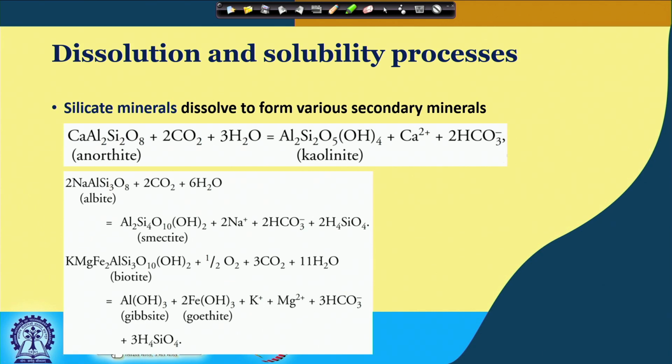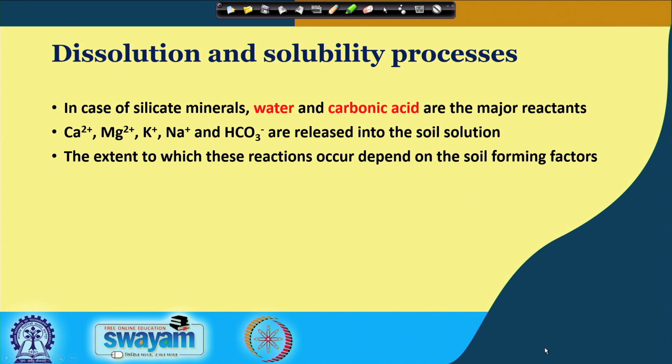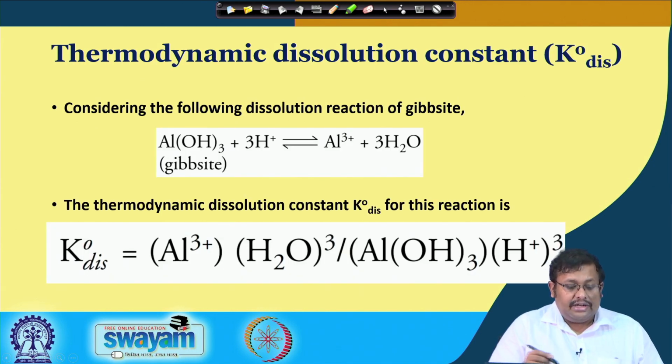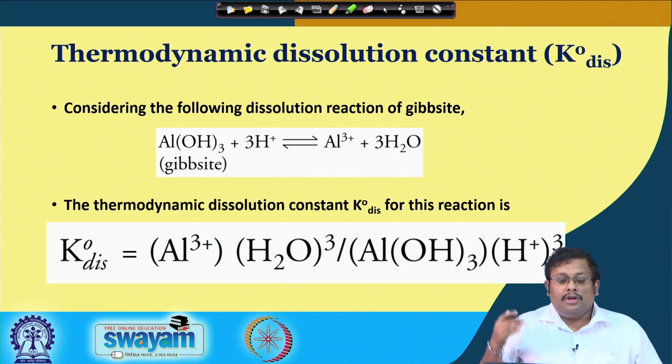Then we have talked about the dissolution of the silicate minerals, and from there we have shown you how to use the solubility to calculate the thermodynamic dissolution constant, denoted by K0 Ds, for a particular reaction, when gibbsite is reacting with the proton to produce the aluminum ion as well as water.